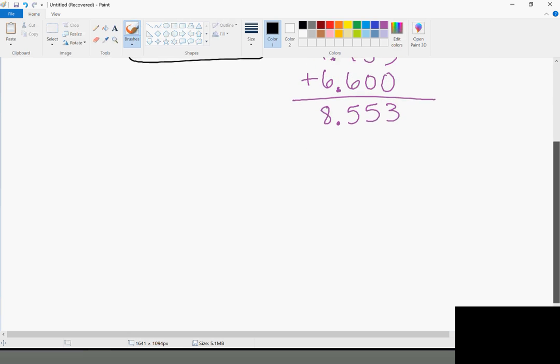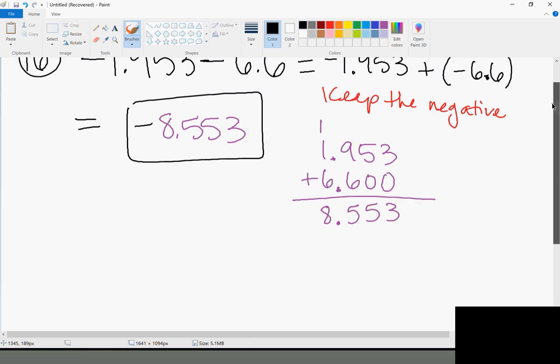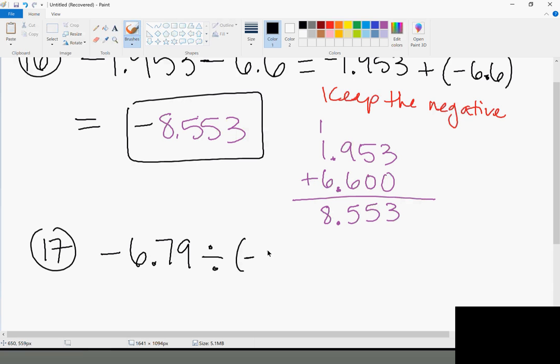Alright, well, I think I can do 17 right here. So 17, we're simplifying negative 6.79 divided by negative 0.7.